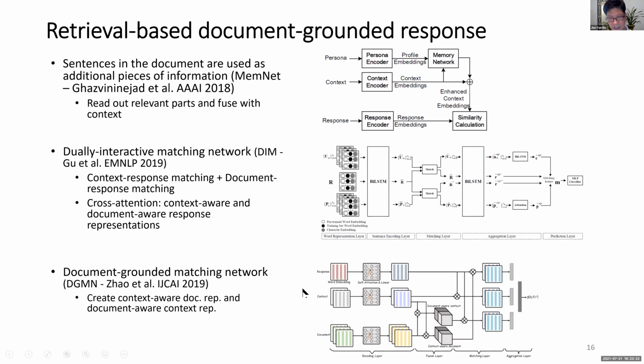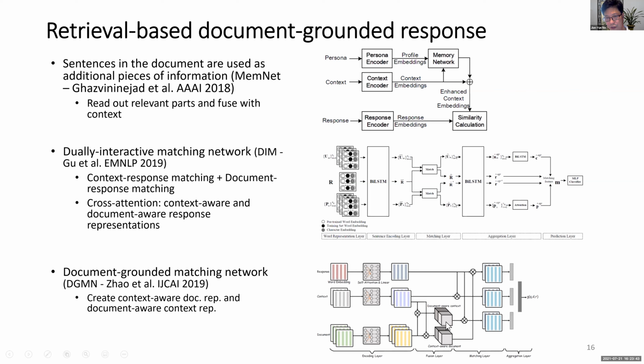And the third typical approach is very similar. When we consider the document, we try to construct some representation of the candidate response, which is conditioned on the context and on the document.